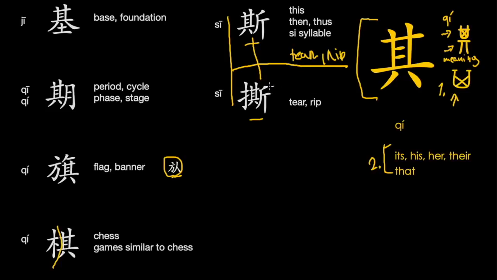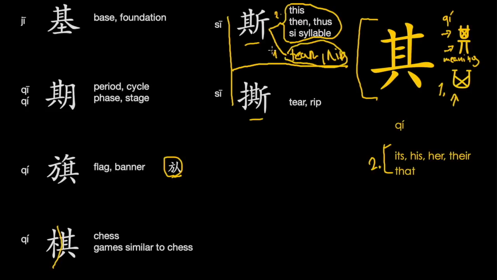But the reason why this happened is exactly because this character over here suddenly had two meanings. The first meaning was all of this business over here. It's going to be a little bit confusing, but this is the first group of meanings and this is the second group of meanings.